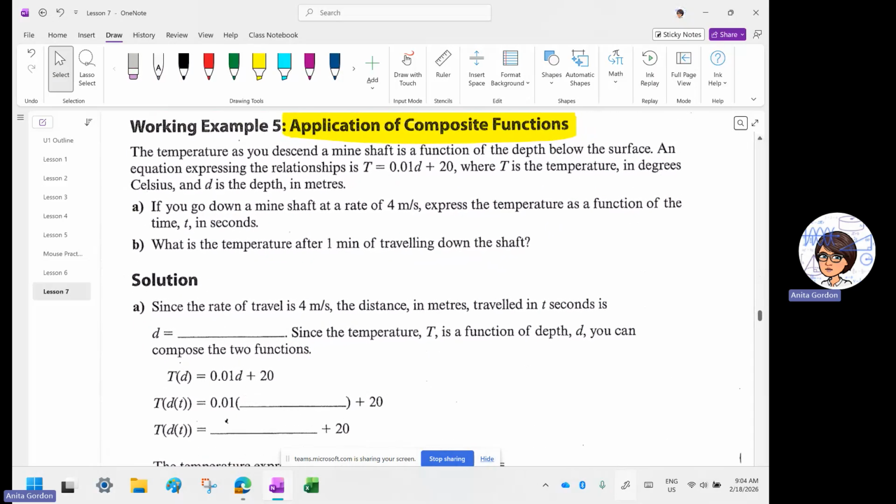The temperature as you descend a mine shaft is a function of the depth below the surface. An equation expressing the relationship is capital T equals 0.01 D plus 20, where capital T is the temperature and D is the depth. Note that the temperature is in degrees Celsius.